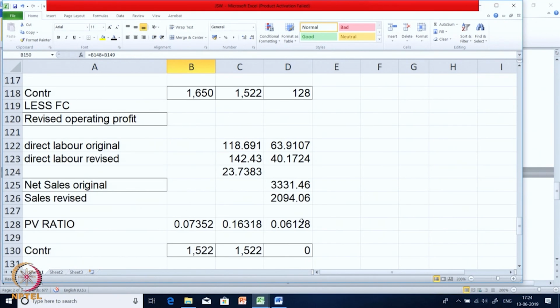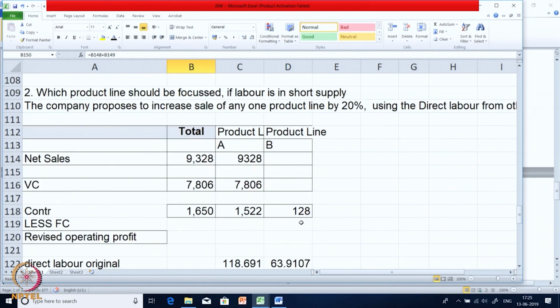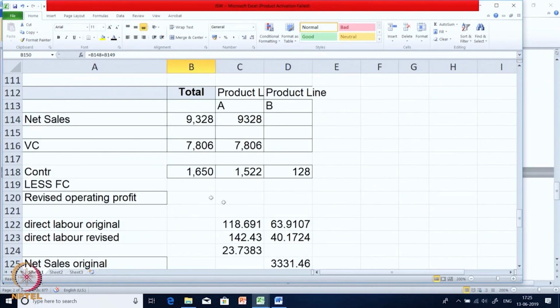I hope you are getting it. Now they had asked us to compute what the revised operating profit will be. Keep in mind, there is not going to be any change in the fixed costs. Total fixed cost will be the same, and the revised operating profit will be 993.